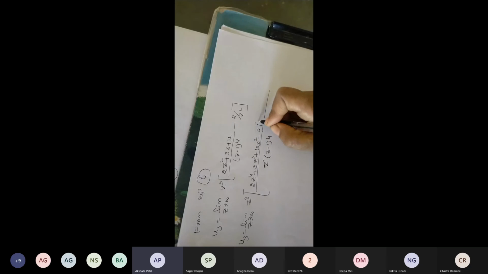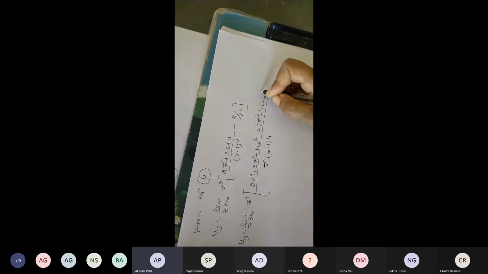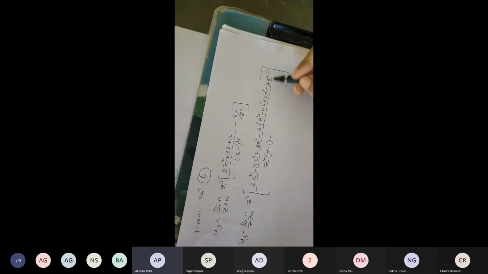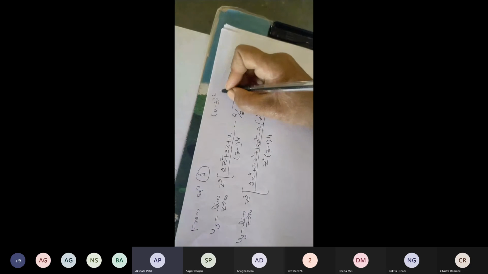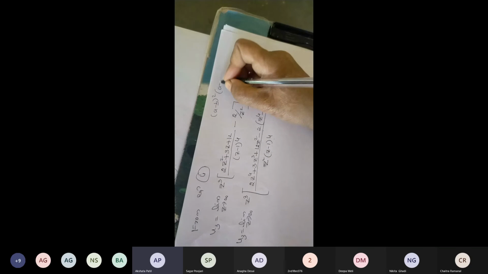So here you are getting z raised to 4 minus 4 into z cube plus 6z square minus 4z plus 1. I hope you understand how to write this function. (z minus 1) raised to 4 we can write as (a minus b) whole square into (a minus b) whole square.